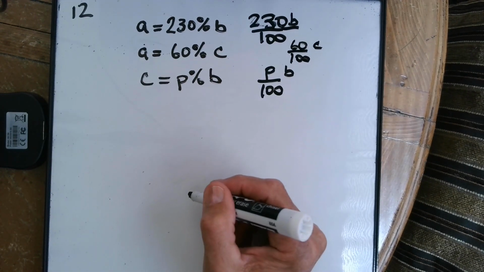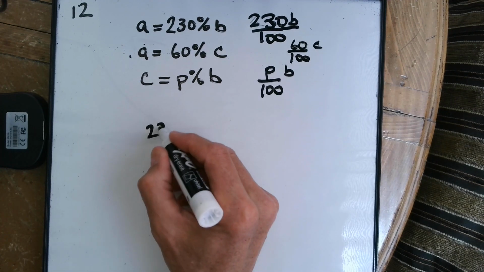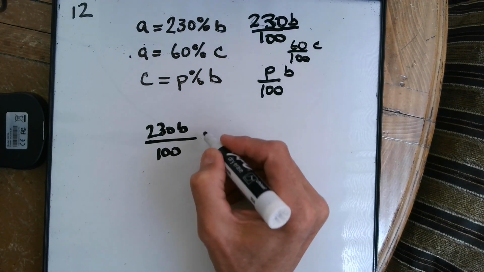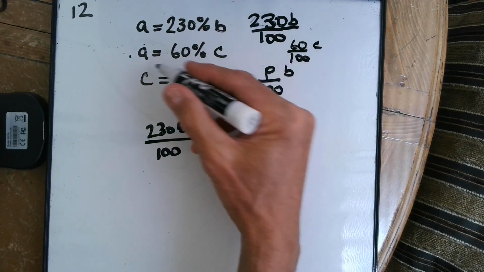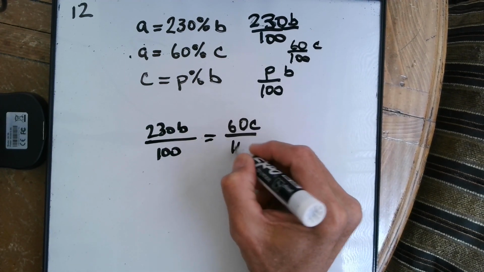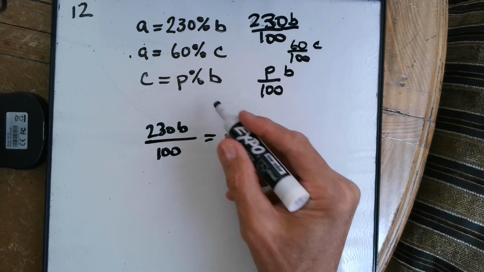Now let's do a little substitution. I see that A equals A. So let's take 230B over 100 is going to equal this, right? 60C over 100. Now, let's do the same thing with this.